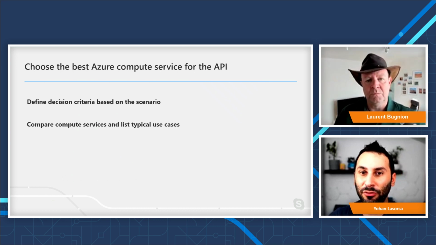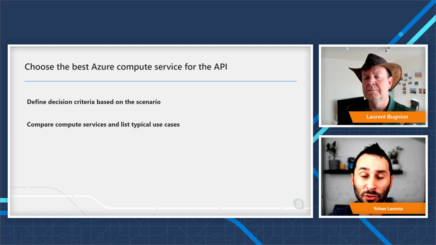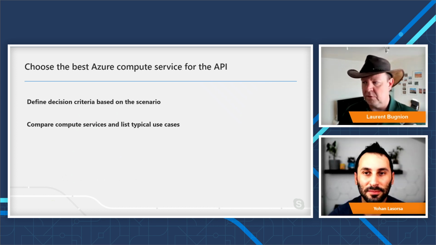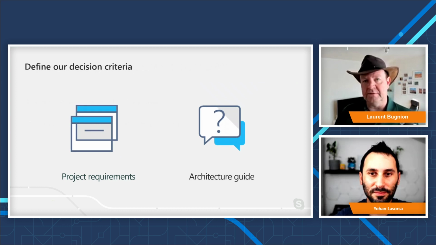So basically, we'll first speak about what we want for our project, and then see how the different services we already have at hand in Azure match our different requirements, so we can choose the best solution that fits our use case. Perfect. So let's talk about that, and let's see how those project requirements are coming, and then we'll talk a little bit about the architecture.